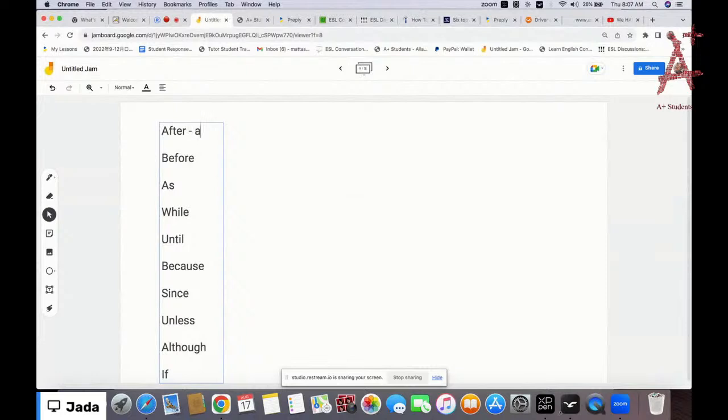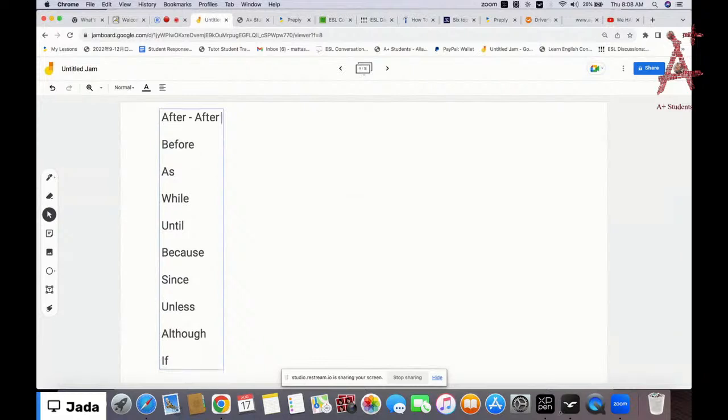So we have the first one: After the power. You just need to take note of the sentences.